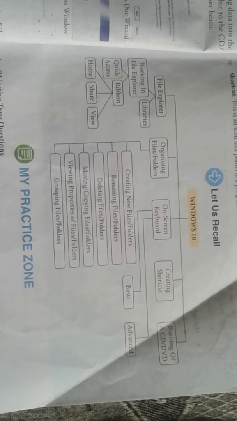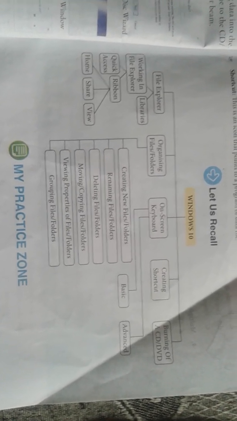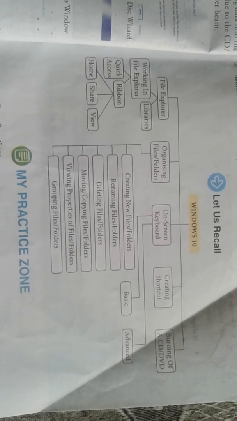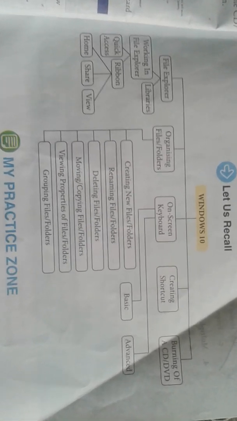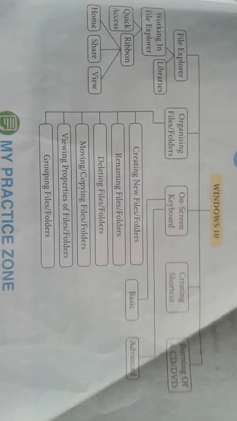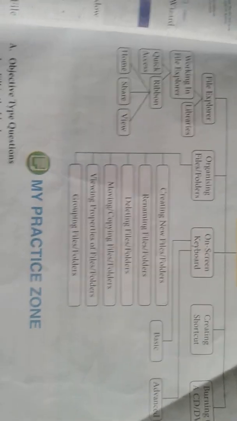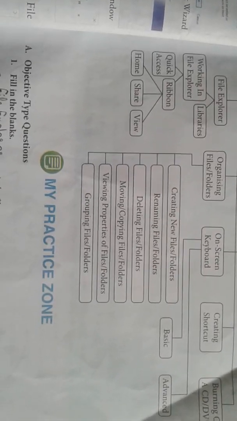And then organized file folders divided into six parts: creating new file folders, rename file folders, deleting file folders, moving, copying file folders, viewing properties of file folders, copying file folders.